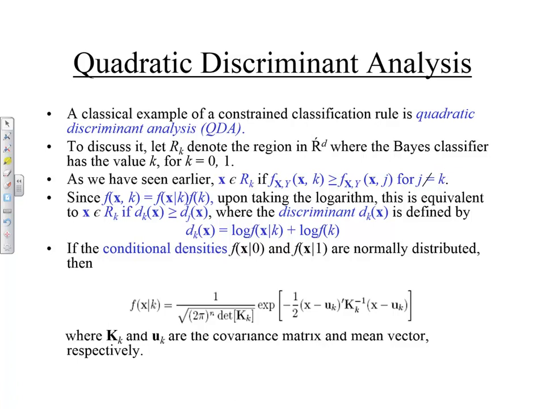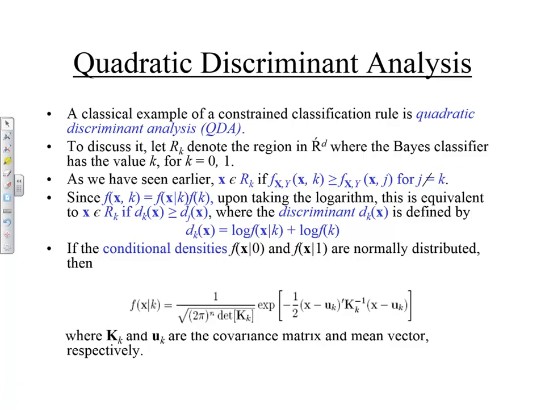So it is going to give you the class label k, or x is in the region R sub k, if the joint density of x and y, that is the feature and the label, corresponding to the class k and the feature vector that you saw, is greater than or equal to the corresponding joint density for the other classes. Okay, agree?